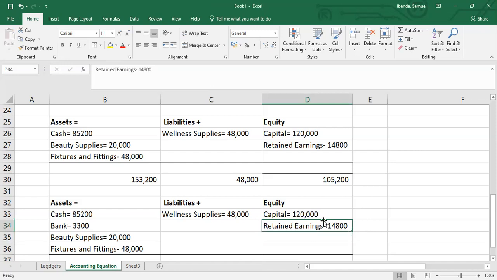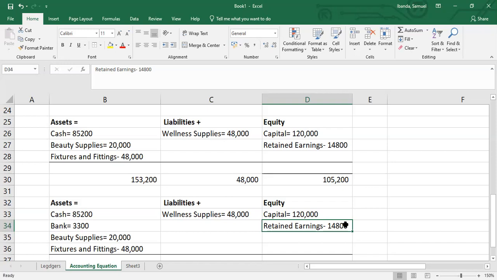When you have collections or takings, and that is revenue, the revenue increases your profits. Remember, profits are calculated by getting revenue or income less expenses. So in this case, yes, retained earnings will be affected. How? Positively.